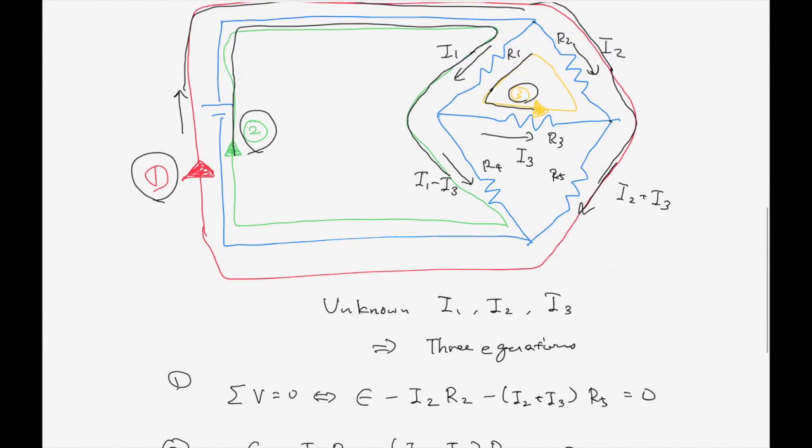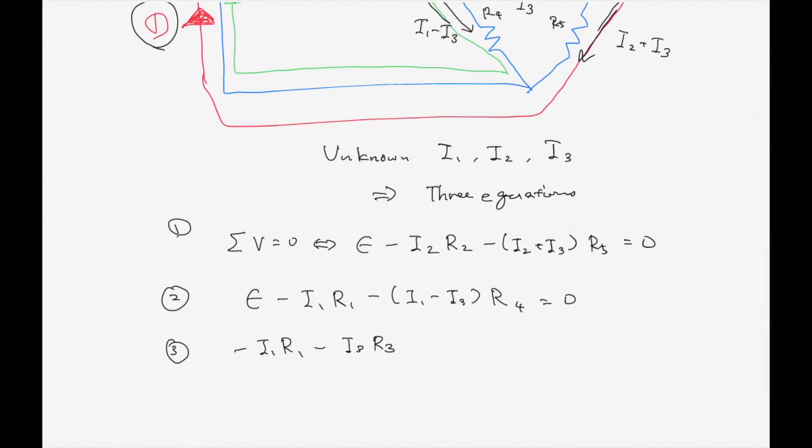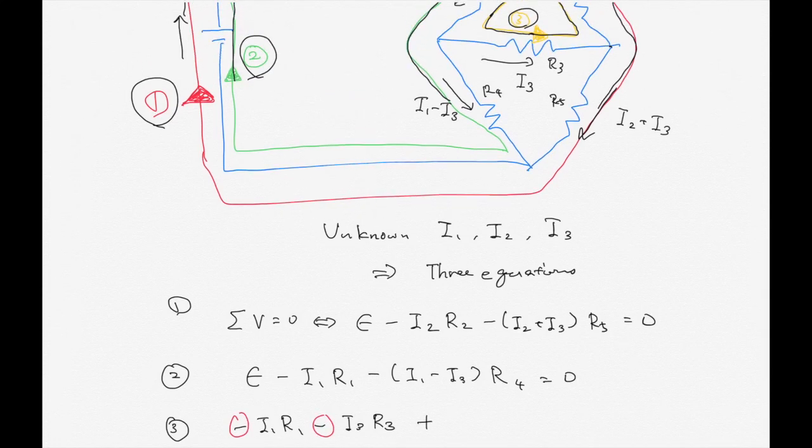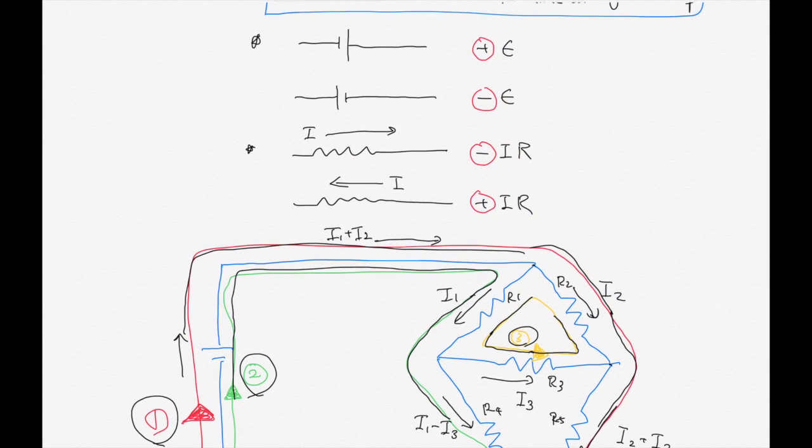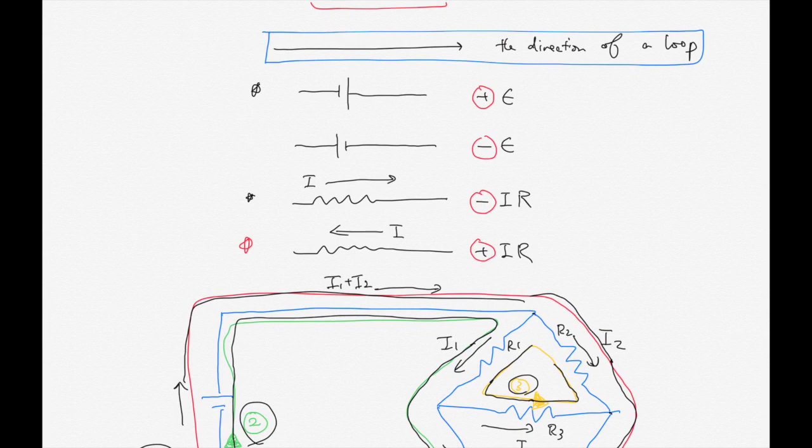And come to the third resistor. In this case, the direction of the current is opposite to the direction of the loop, so we cannot use a negative sign. The last one should be positive, because the direction of the loop is opposite to the direction of the current.